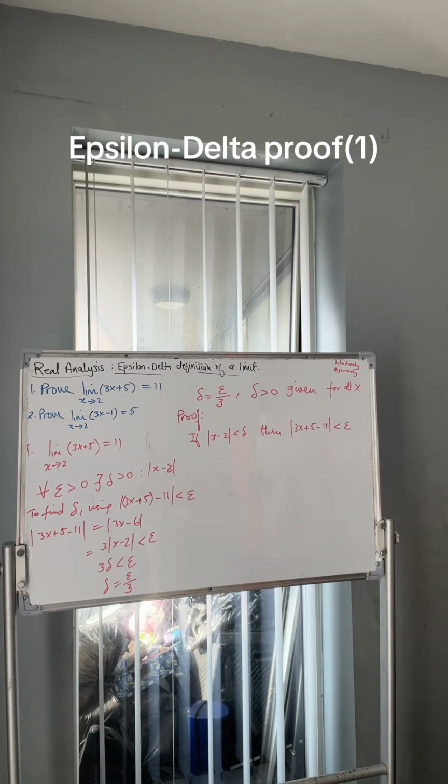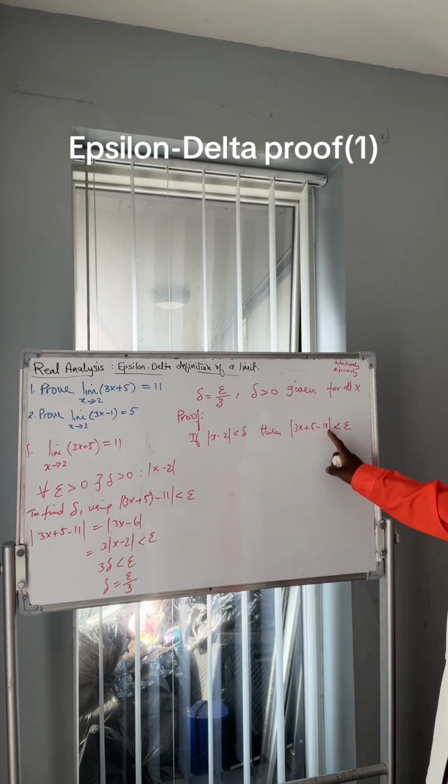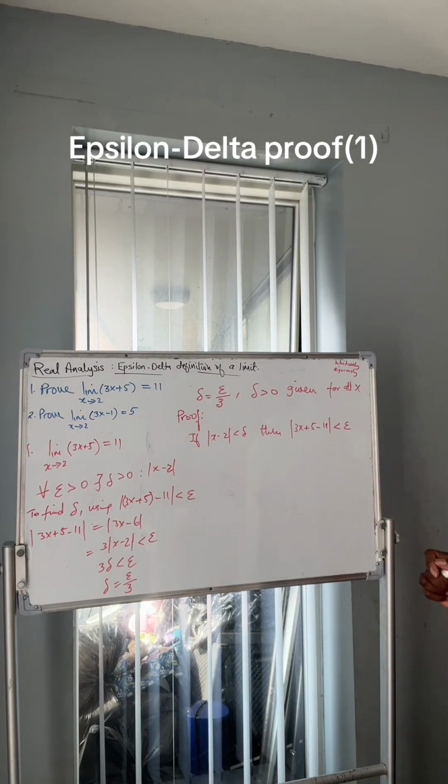You know that is the thing. If the absolute value of x minus 2 is less than delta, then 3x plus 5 minus 11 is less than epsilon, which is correct. But what do you want to do here?